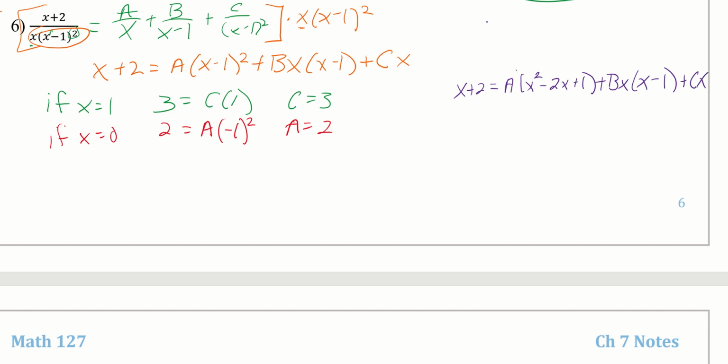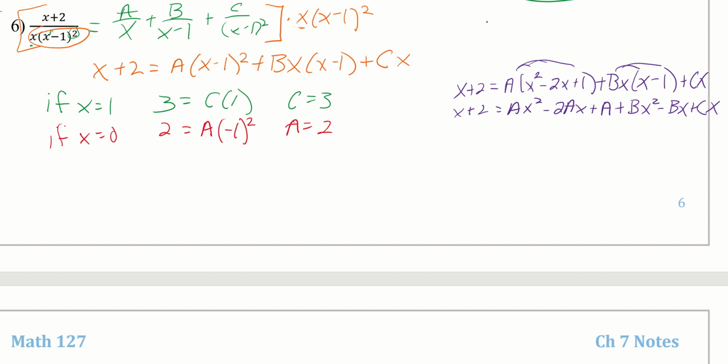Cool. And now I'm going to distribute all these guys in. So I end up with x plus 2 is equal to ax squared minus 2ax plus 1 times a, so just a, the constant, plus bx squared minus bx plus cx.